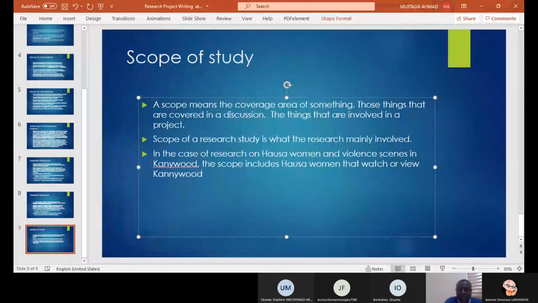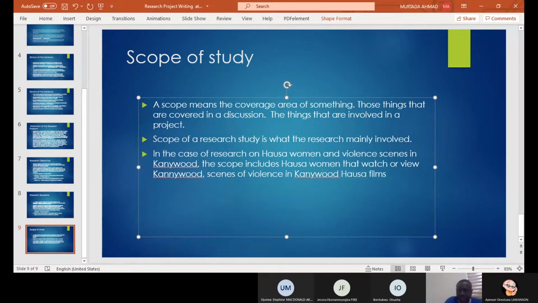Kannywood, that is one. Scenes of violence in Hausa films. We are talking about Kannywood.